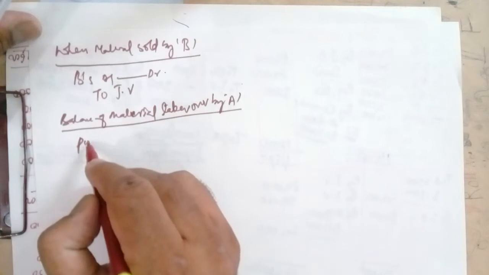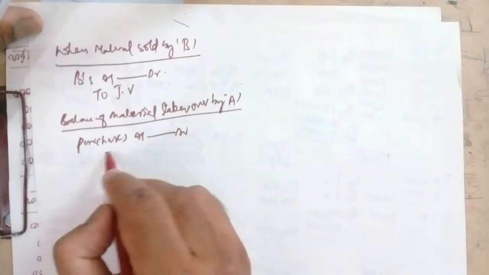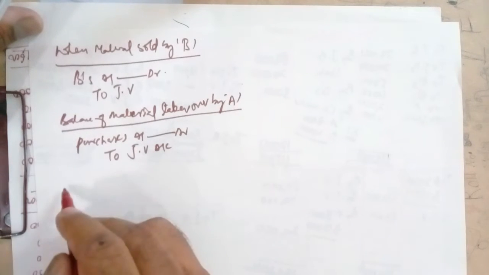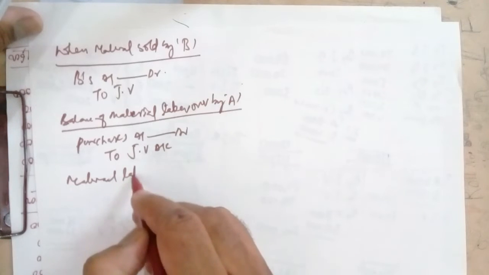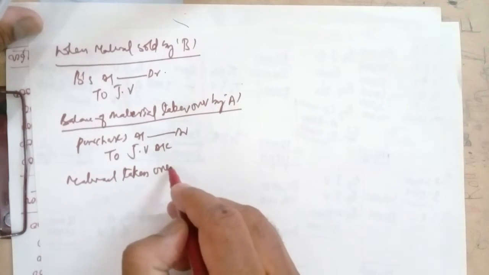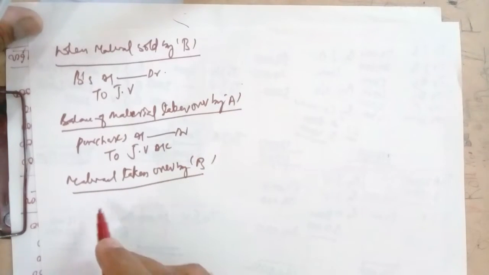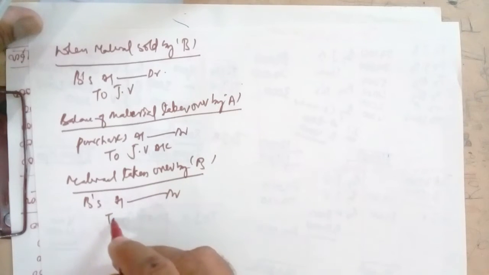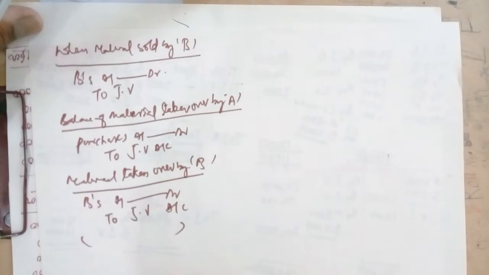That is purchases account debit to joint venture account. In the same way, material taken over by B, presume that, then the entry would be B's account debit to joint venture account. Clear?